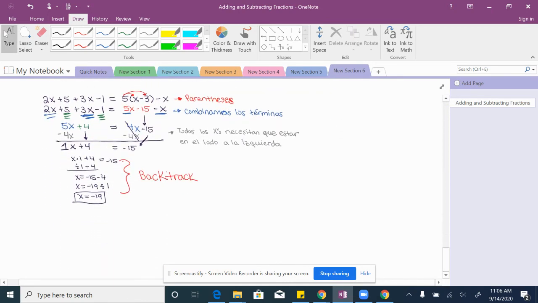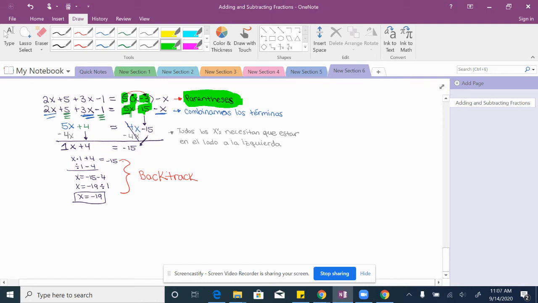And here, remember parentheses is always first. So this is the same as number 1. So 5 times x is 5x. And 5 times negative 3 is negative 15.